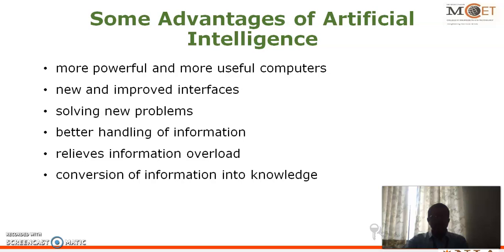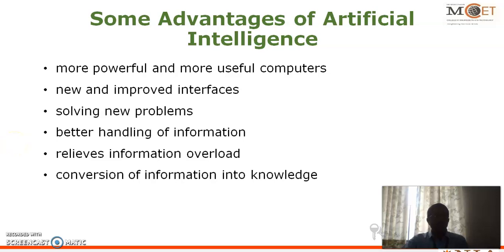Some of the advantages of artificial intelligence: it is very powerful and can be used in computers, and it gives new and improved interfaces which interface human knowledge, executed with the help of computers, for solving new problems. Suppose we provide new information acquired from a real world scenario to the system, it can solve certain new problems.